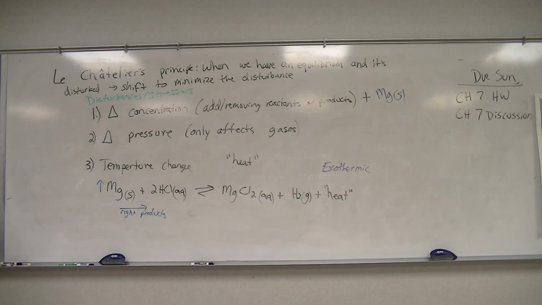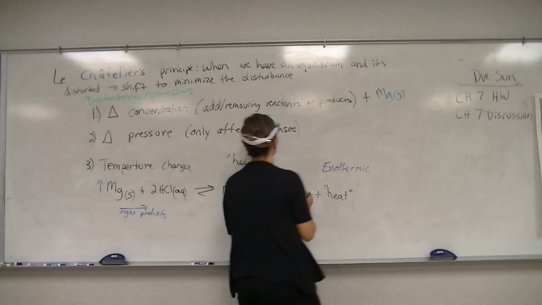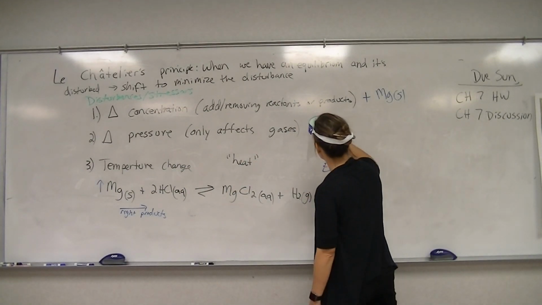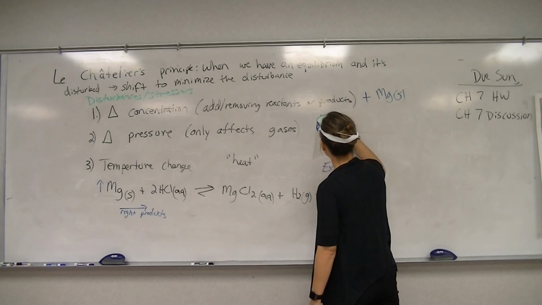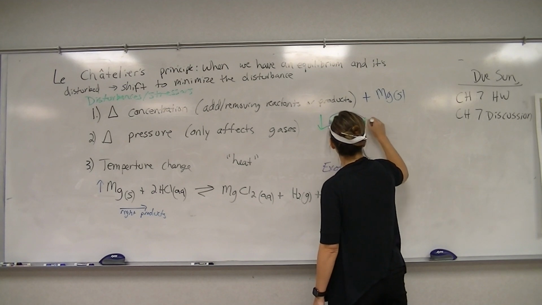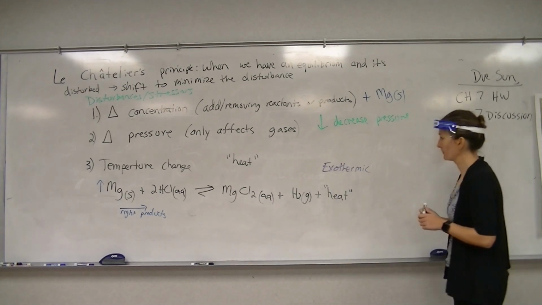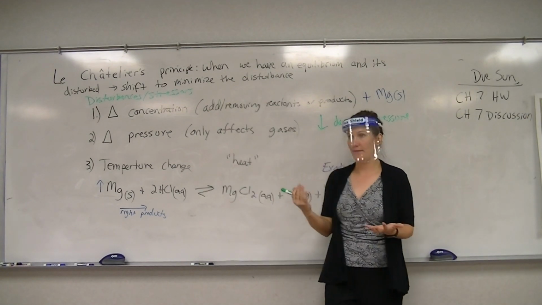Let's look at pressure. So do you want to increase pressure or decrease pressure? Okay, let's decrease. Let's go down because we went up here, we increased, right? So we're going to decrease the pressure. If we decrease pressure, pressure is only going to affect the gases.